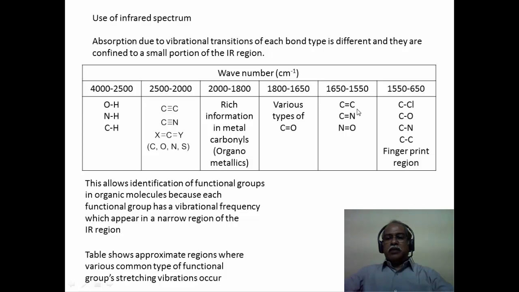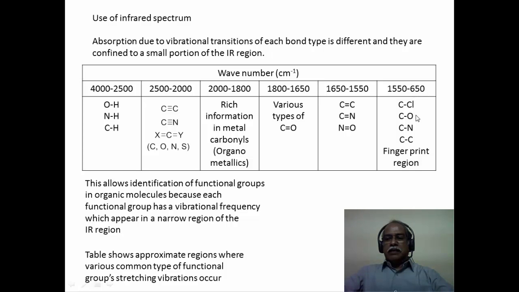Now 1650 to 1550 is the double bonded region, where C double bond C, C double bond N, N double bond O kind of functional group, be it olefinic or imino functional group or nitro functional group, can be detected in this particular region. The region between 1550 and 650 is actually the fingerprint region.